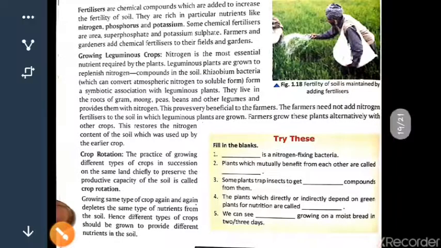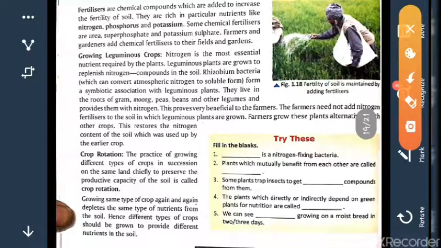They live in the roots of gram, moong, peas, beans and other leguminous plants and provide them with nitrogen. So they are present in the root nodules of those plants. This proves very beneficial to the farmer. The farmer need not add any nitrogen fertilizer in the soil where leguminous plants are grown.